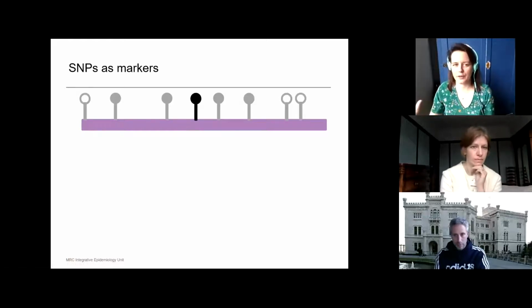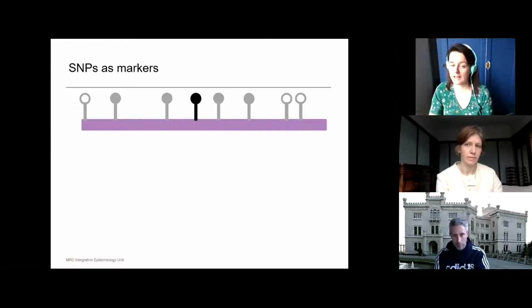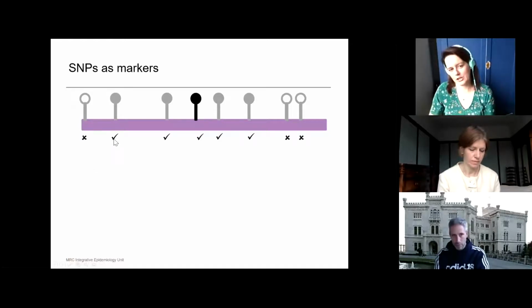As you move further away and the LD blocks start to break down, you find markers that aren't correlated with your causal variant and therefore aren't associated anymore. So if we were to look at associations here, we might say that these 5 in the middle are associated with our disease, and the rest of the SNPs aren't.